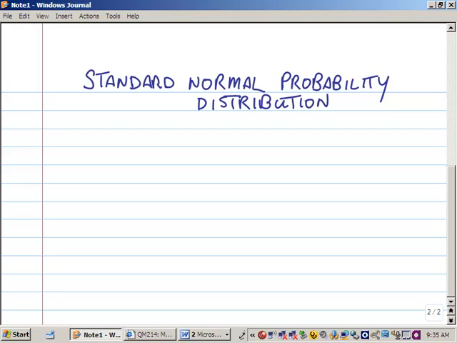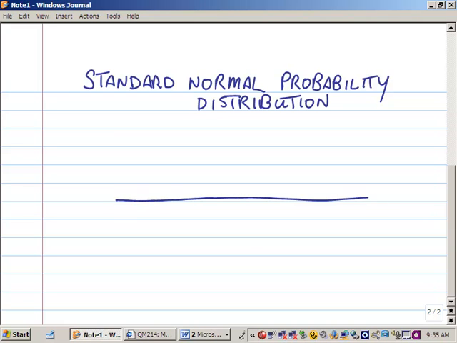In this lecture we're going to look at the standard normal probability distribution. The normal probability distribution, as you may have heard the term before, or the bell distribution, the bell curve, all refer to the same thing.